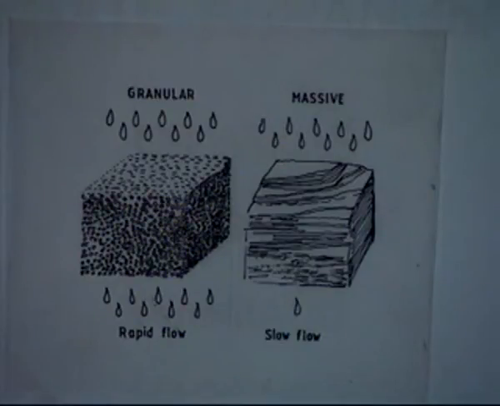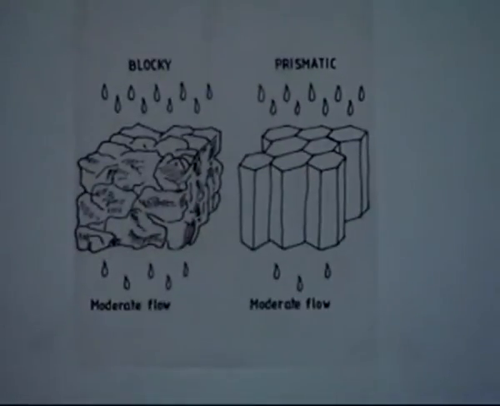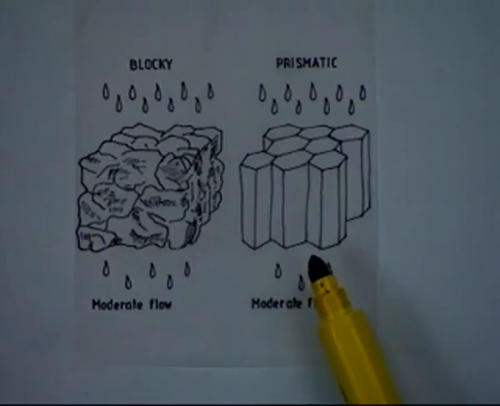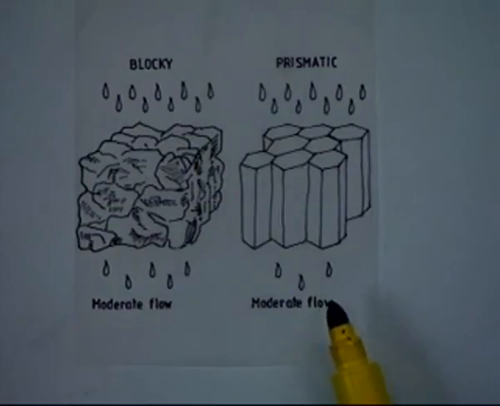The other two structures, the blocky and the prismatic, have a moderate rate of flow through them.